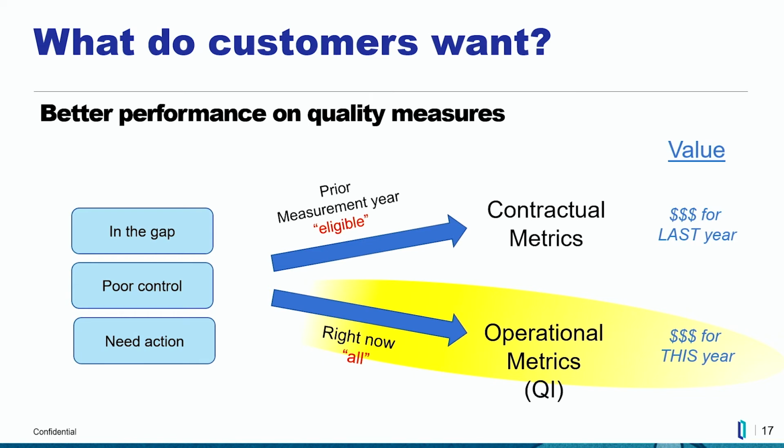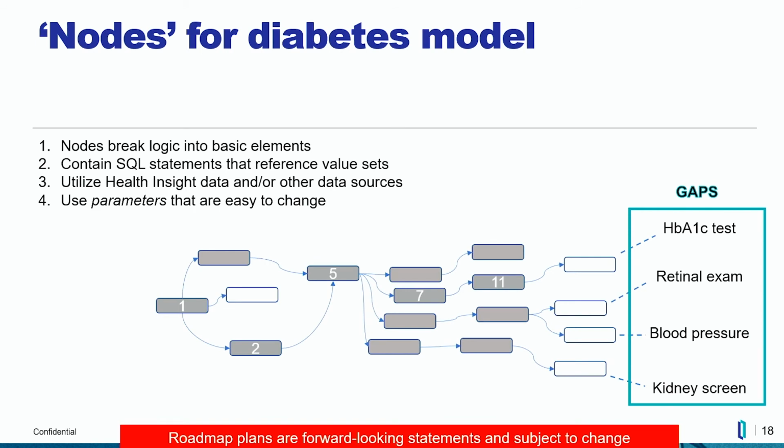So if we go to the next slide, now I'm going to spend a few minutes and describe the solution, which is our approach to generating these member lists in a configurable and a simpler way. So for diabetes, imagine that the logic, the SQL logic, gets broken down into basic elements, and we call those elements nodes.